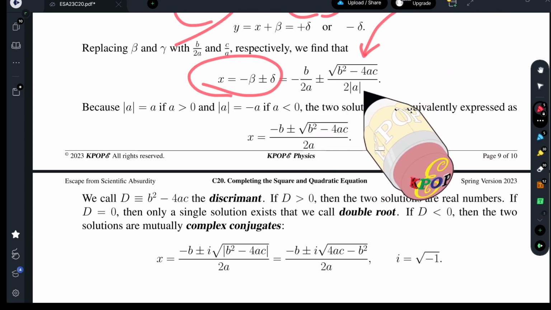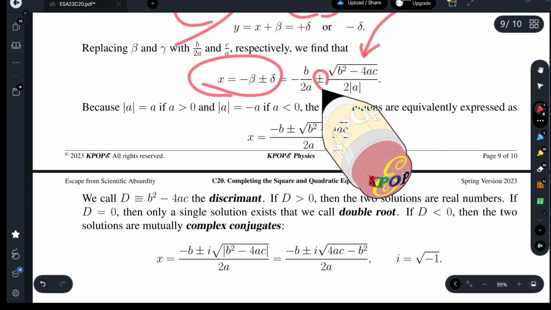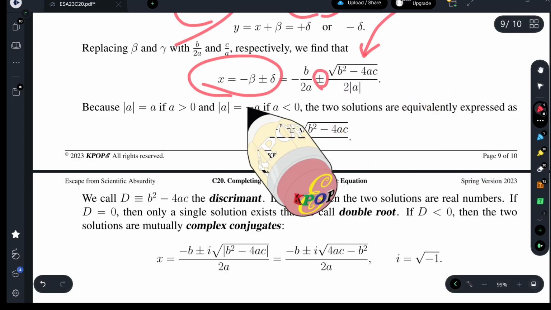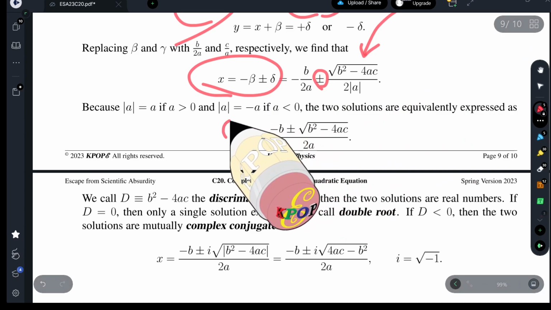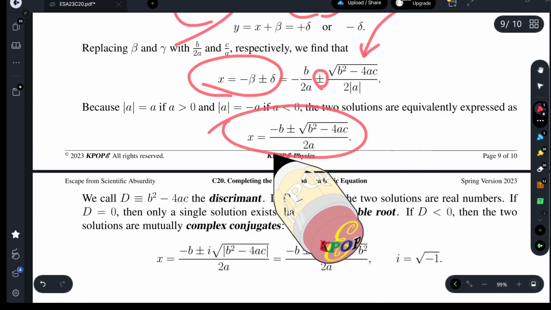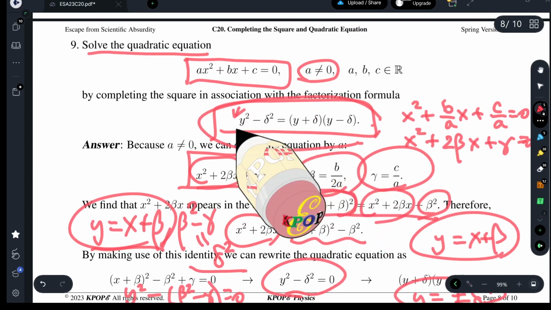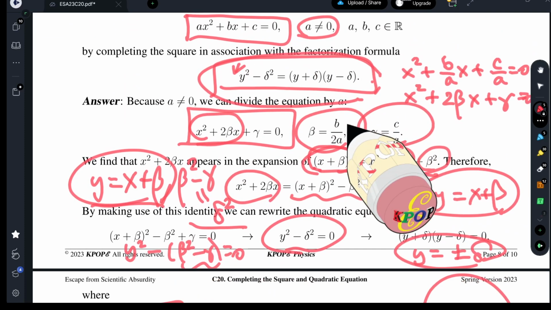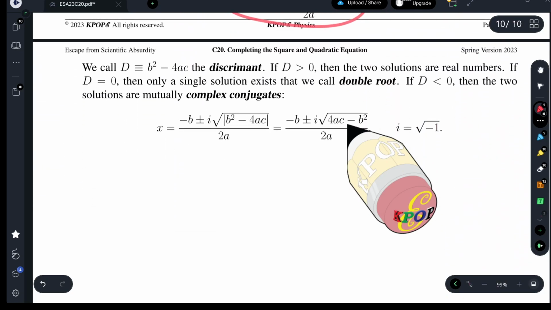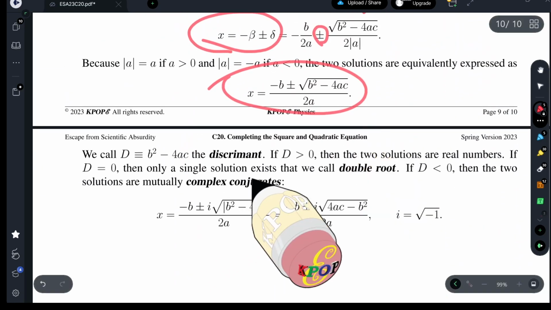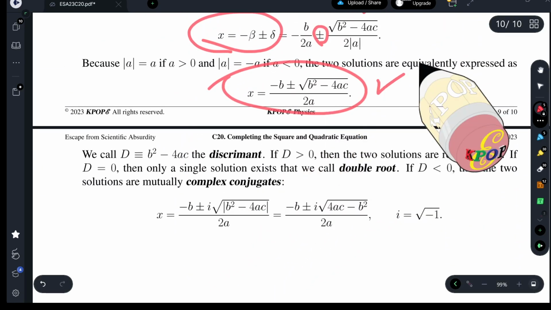Whether a is positive or negative, it is plus minus something. So we can unify these two terms to find that the solution of x of the quadratic equation can be found from this simple factorized formula. As a result, we find the final solution.